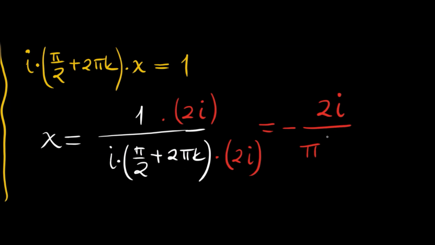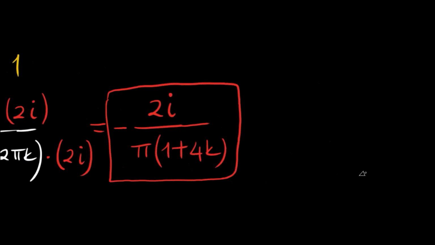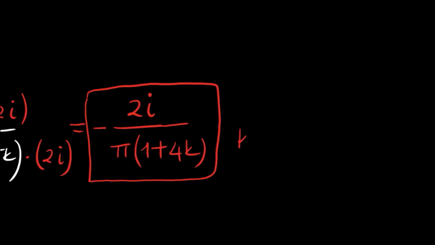So factoring our pi out, we will have 1 plus 4k, I guess. And this is the final solution for our exponential equation. Again, let me say this k is an integer.